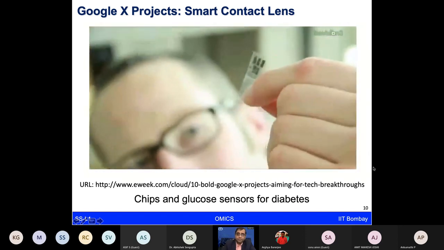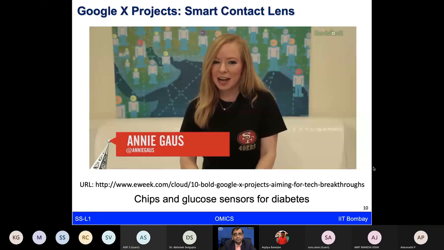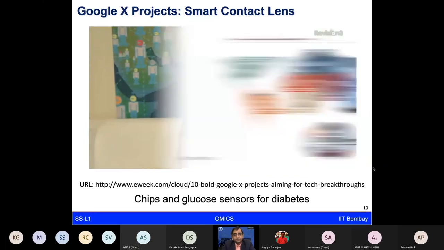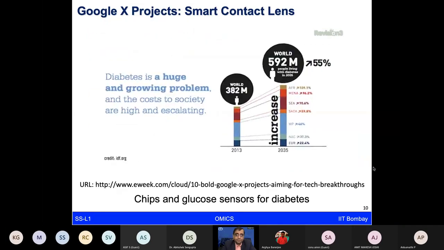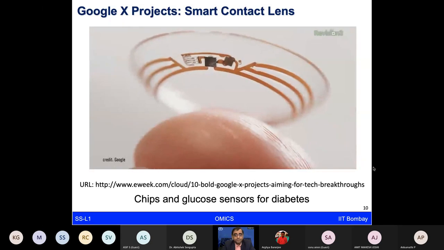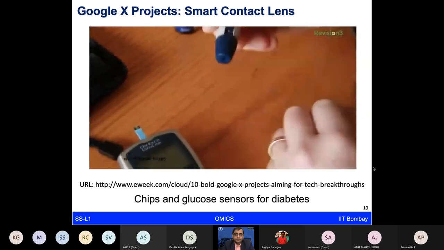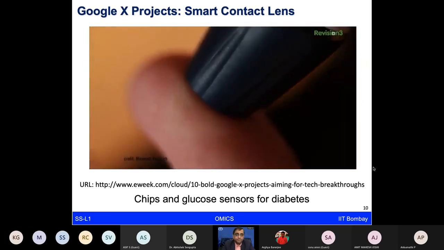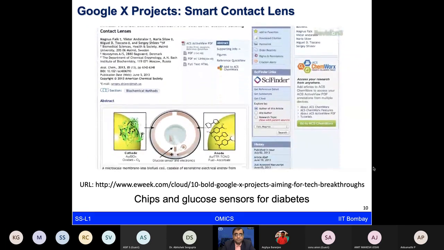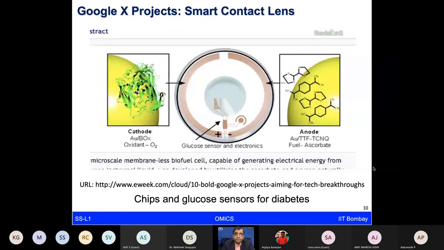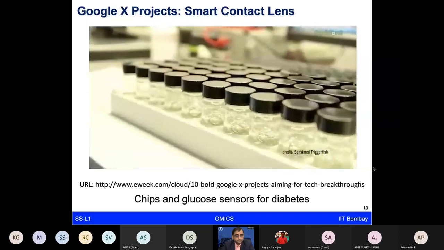And in your bellies. Is this the future of your health? Google said this week that it's testing a smart contact lens that can help people manage diabetes, which affects almost 400 million people across the world, and that's expected to grow by quite a bit in the next couple decades. So it's no wonder people took notice when Google announced this lens, which can track your glucose through your tears. There's a tiny chip embedded on the lens that, if it works correctly, could eliminate the inconvenience and the pain involved in diabetes management. But Google's not the only one working on this type of technology. A team from Sweden designed a lens that has a fuel cell that can not only monitor glucose, but actually create small amounts of power. A Swiss company called Sensimed Triggerfish created a similar lens intended for glaucoma patients.